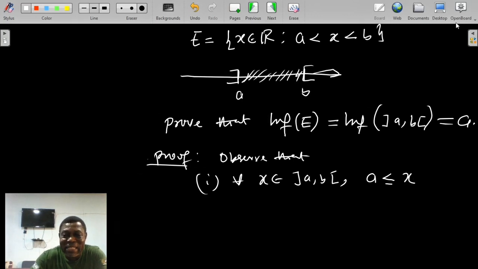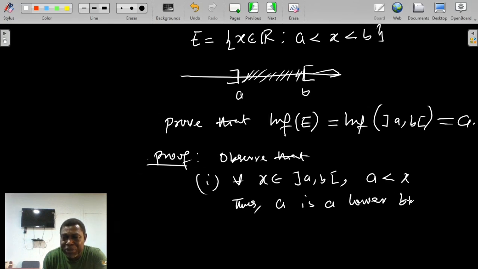In fact, A is less than x. Thus, A is a lower bound of E equals (A, B). So A is a lower bound.